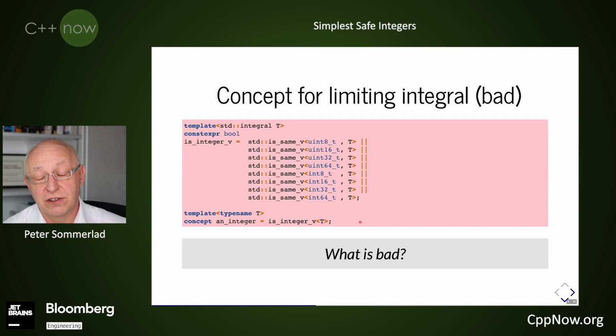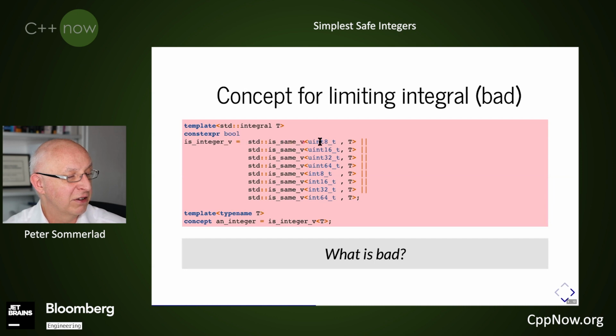Now, to be able to convert the other way from regular integers to our special enum safe integers, we need to check if the integer type actually matches one of the underlying types. And this box is pinkish to show you, okay, this might not have been the best idea, but this is the code I started out with. So we have our 8 different standard integer types that we are using.